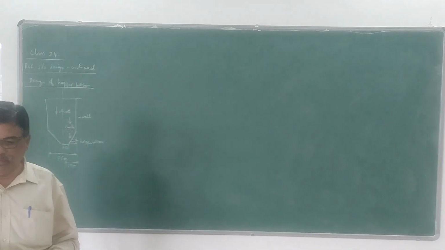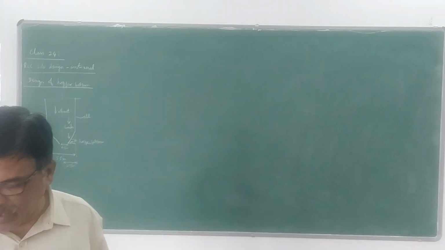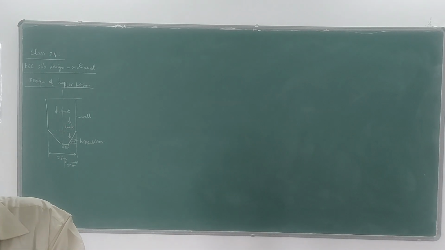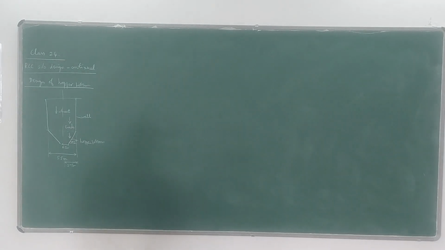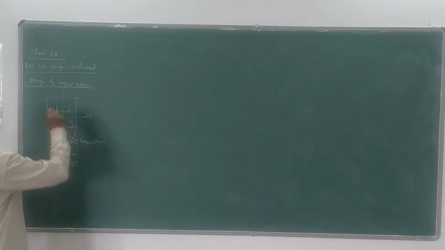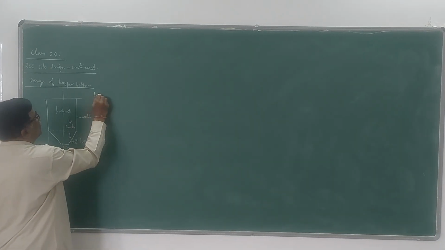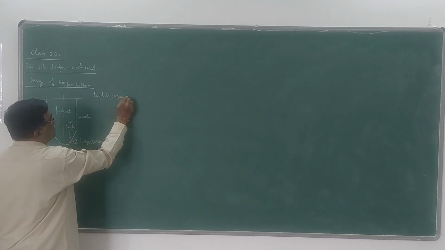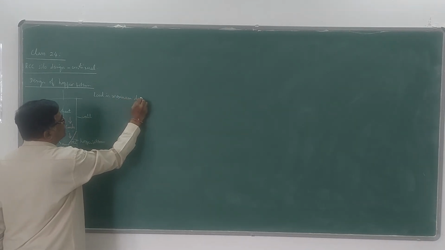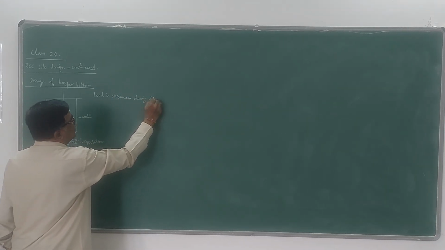So there will be three loads acting on the upper bottom. Now the thing is, the load on the upper bottom will be maximum during filling. So that condition you should know.